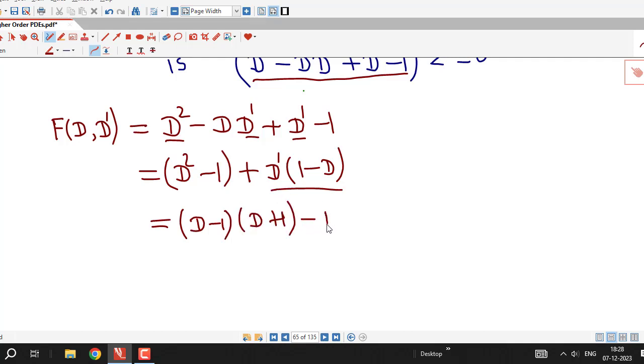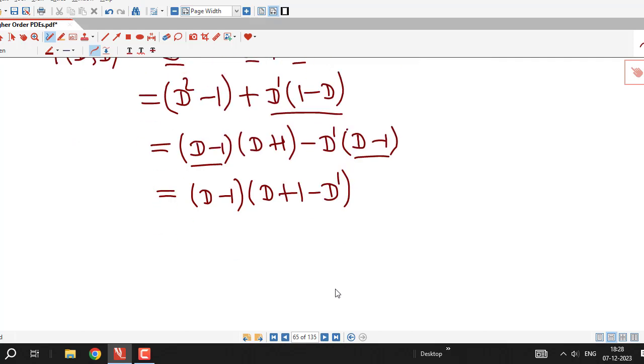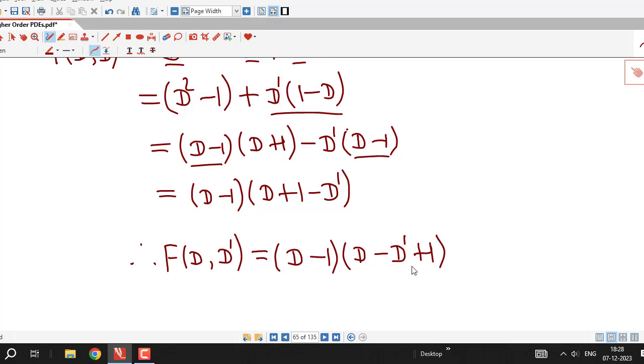Here I can take the negative sign outside, and this I can rewrite as minus D dash times (D minus 1). And now I can take D minus 1 common, and here I will be left with D plus 1 minus D dash. So here we are able to write our function of D and D dash as the product of linear factors D minus 1 and D minus D dash plus 1.